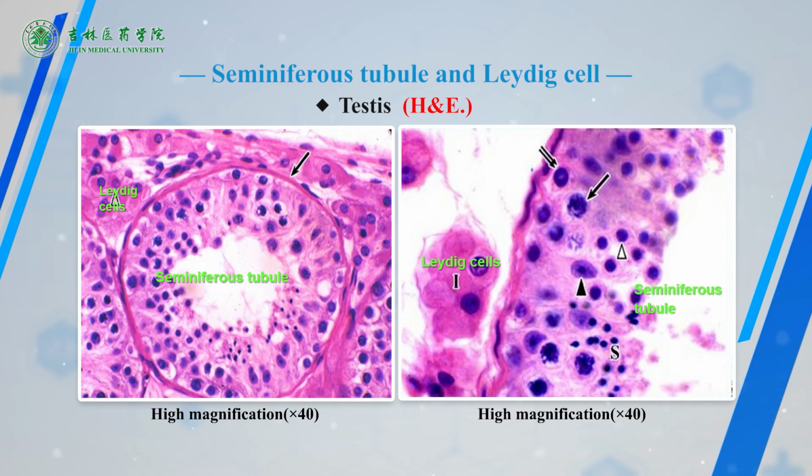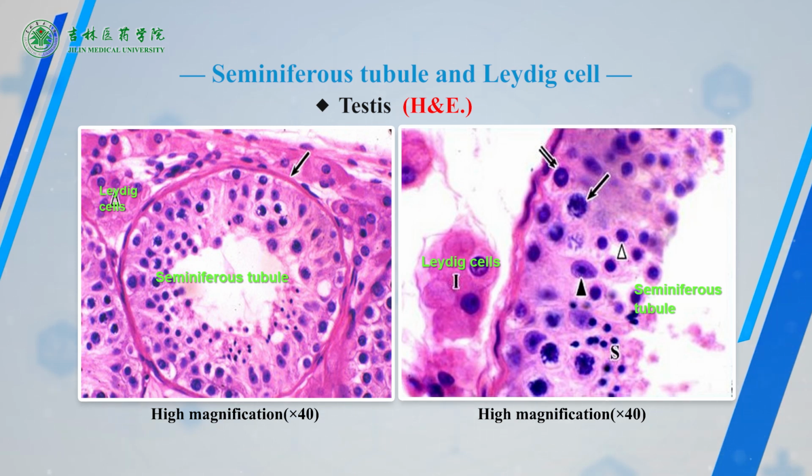Outside the stratified epithelium is a well-identified basement membrane, which is surrounded by collagen fibers and several layers of flattened myoid cells, which exhibit smooth muscle characteristics. The arrow indicates this on the left slide. Between the seminiferous tubules is connective tissue containing Leydig cells and abundant blood vessels.